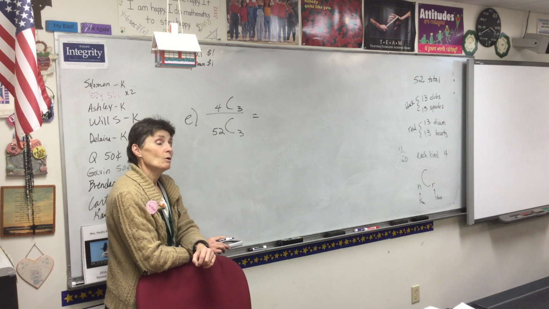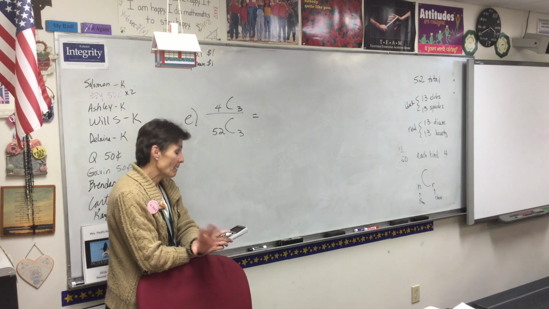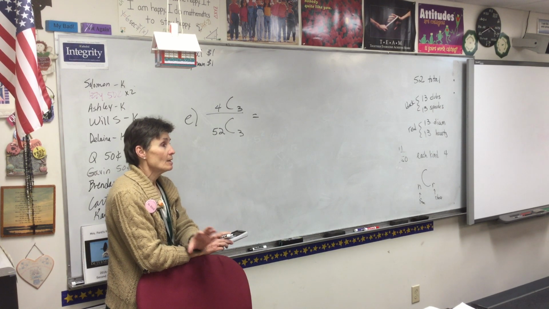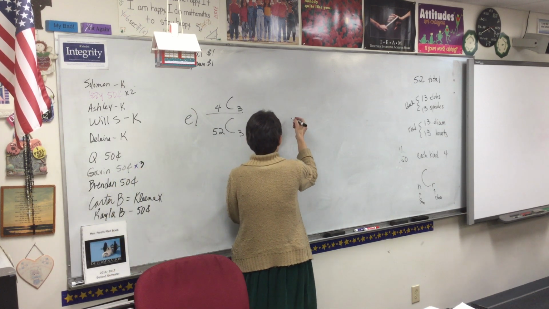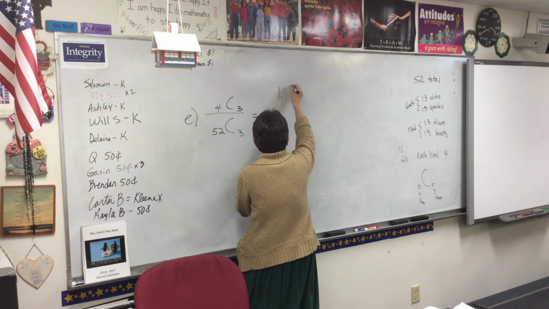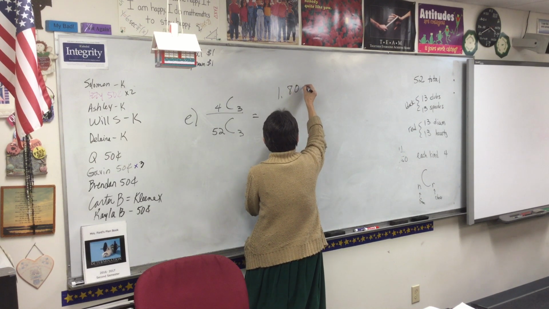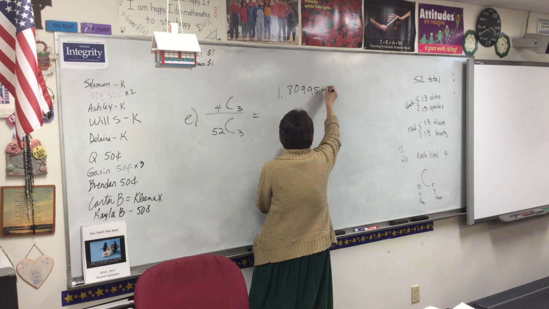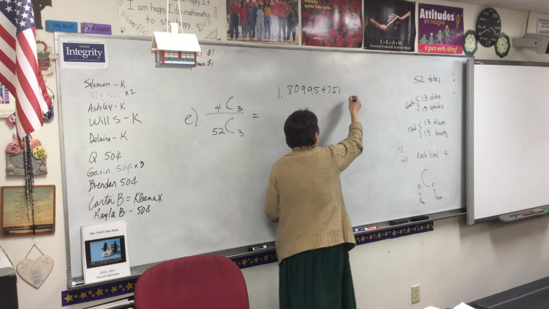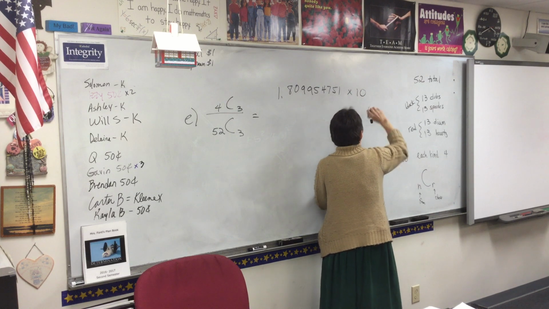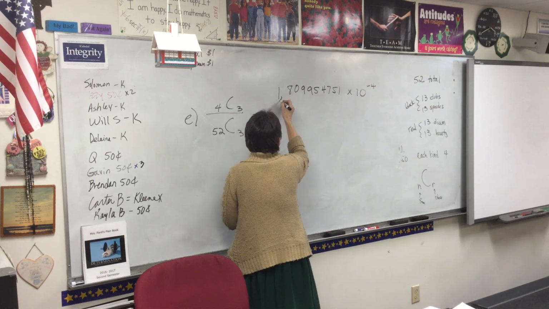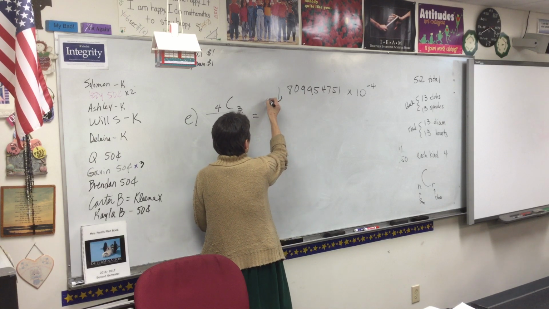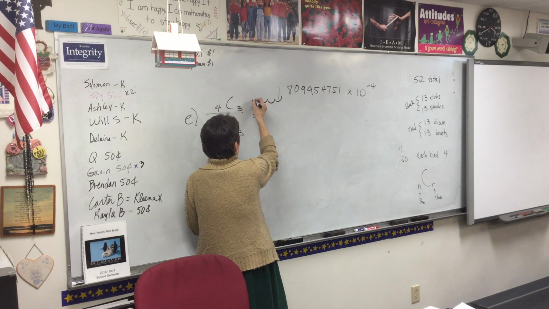Okay, so my number came up in scientific notation. So that's fine, but you need to translate it then into a decimal. So when it says 1.809954751 times 10 to the -4th, that means 1, 2, 3, 4.